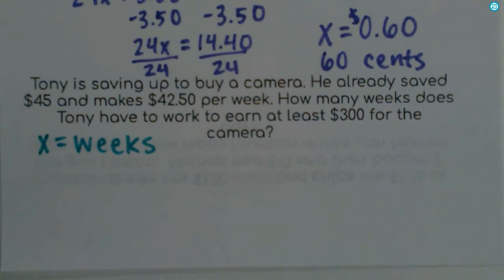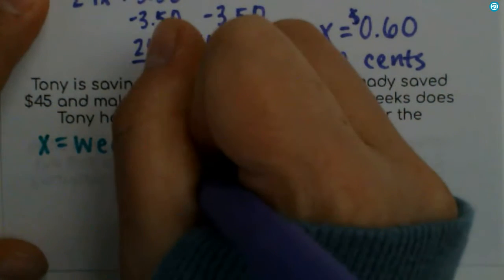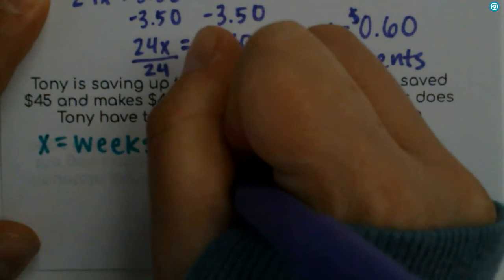All right. From there, we can write our equation. This is actually going to be an inequality, though, because he doesn't need to make exactly $300. He needs to make at least $300. So it's okay if he makes more than $300. So we are looking to make greater than or equal to 300.